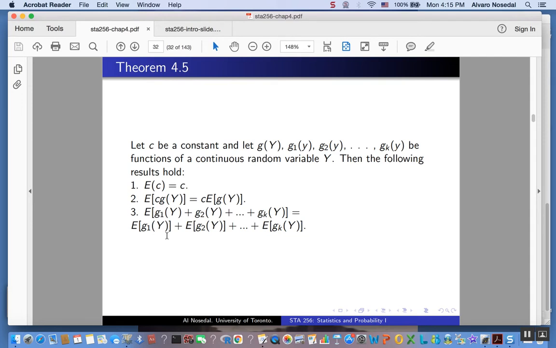Now let me do this for two functions, g1 of y and g2 of y. The proof is going to be the same if I had k terms in that sum instead of 2. You'll see.